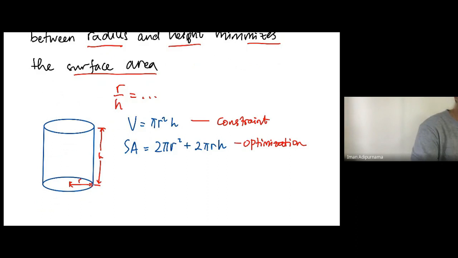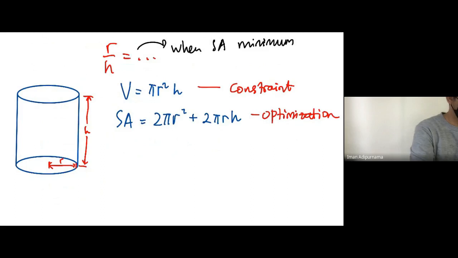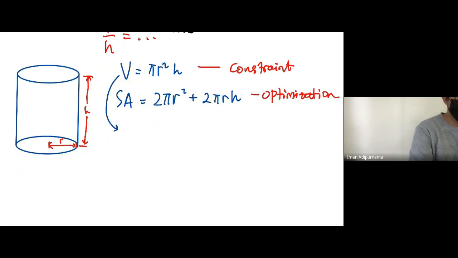So we need to find R over H when the surface area is minimum. Because we have a constraint, we can take it into consideration. V equals pi r squared h.